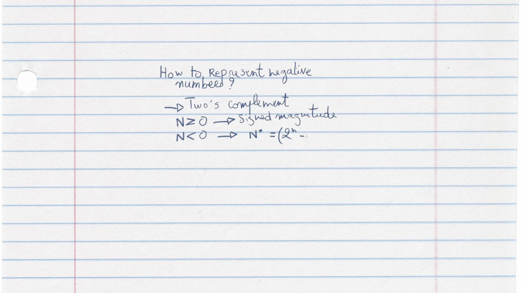If your number is negative, then to encode it you have to calculate 2 to the power of n, where n is the number of bits, minus the absolute value of the number. We won't code 0 twice as we did using the sign magnitude representation, so we have one more number that we can represent.